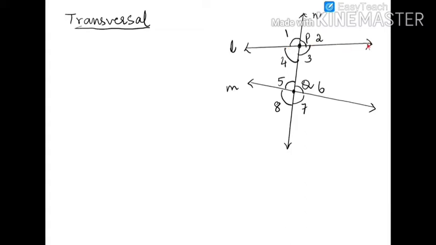This region that is enclosed between the two lines L and M is the interior region. So all angles that fall in this region are called interior angles. The region above line L and below line M is called the exterior region, and the angles that lie in this region are called exterior angles.